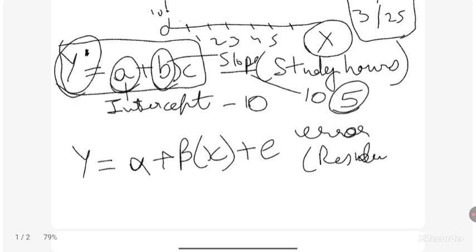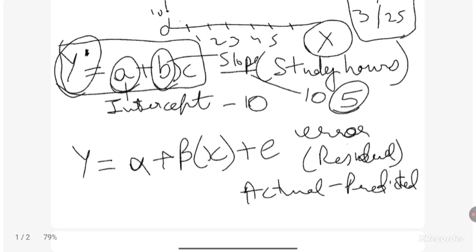Residual means actual value minus predicted value, right? So when you want to find out the actual value of y, you need to add in the error, which is the actual minus predicted value.